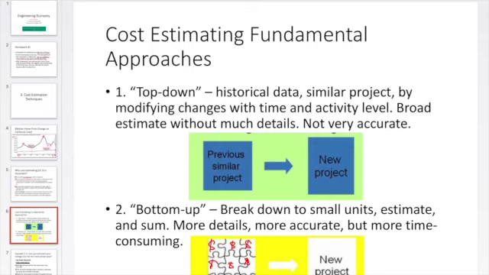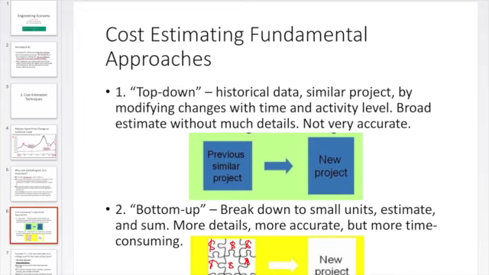What is the top-down method? The top-down method is when you want to estimate the cost of something, you first collect a bunch of historical data, like the historical cost of that item or that type of project, for a similar project or item, and then you modify that cost data with time and activity level.